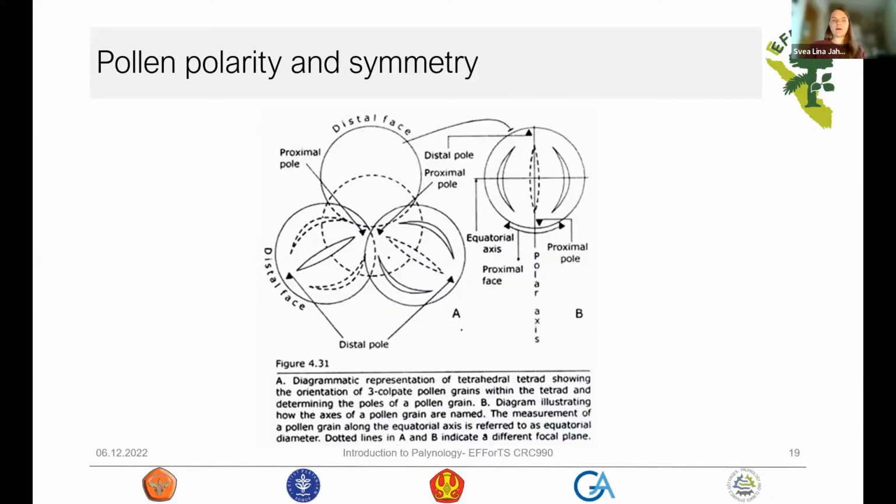So pollen is not just round and the same from all sides, but it has different features depending on its polarity. So it's attached in the middle. This is our pole, basically, like you know it from the globe, the Antarctic and the Arctic. And on the sides, we have the equator, on which mostly our openings, our apertures, are located.